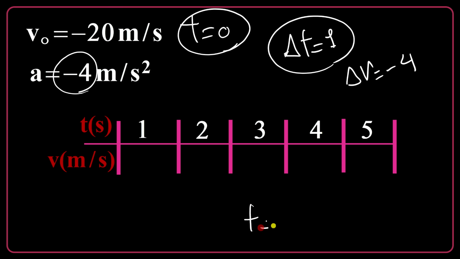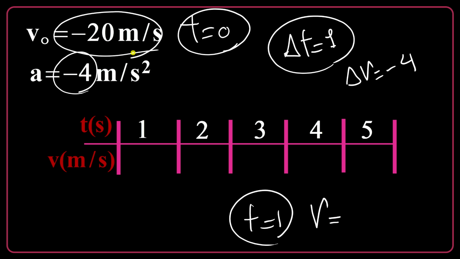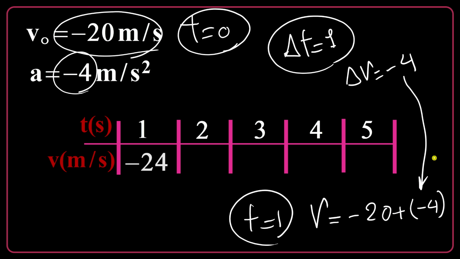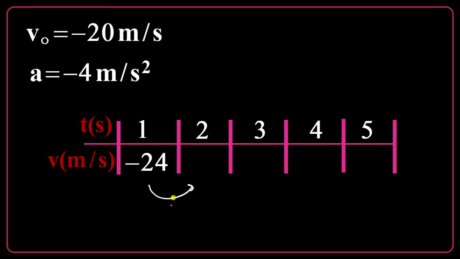So at t equals 1, the velocity will be the initial velocity, which is negative 20, added by a negative 4. The change is negative 4. So it's negative 24. Okay, let's continue. I will add another negative 4 to negative 24. It will be negative 28.